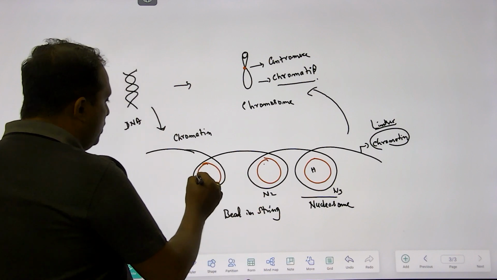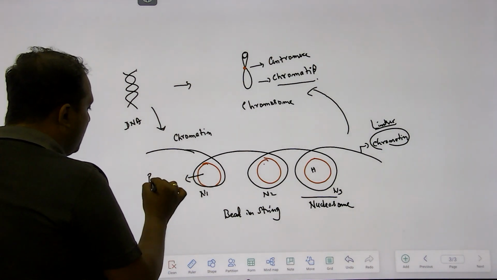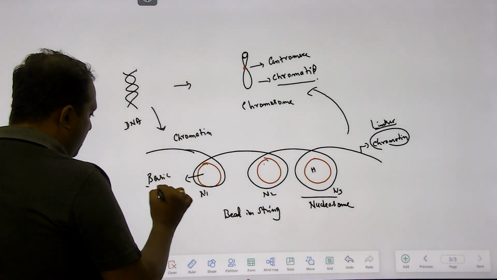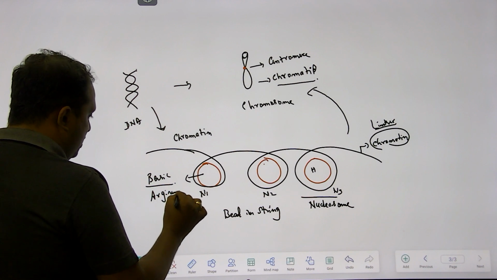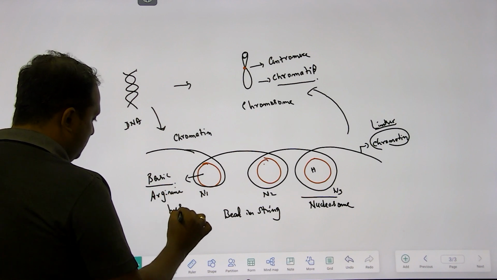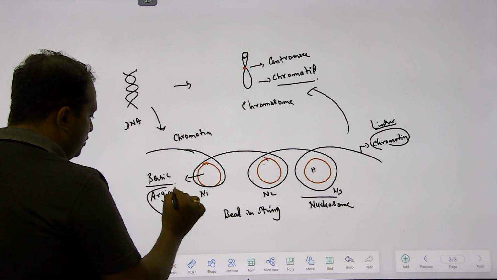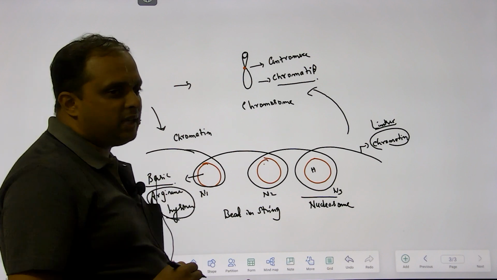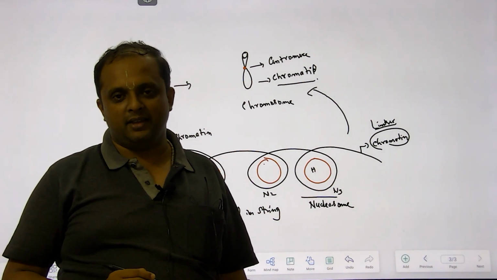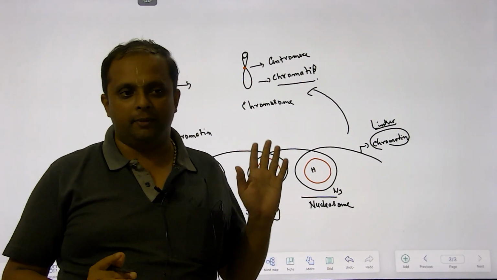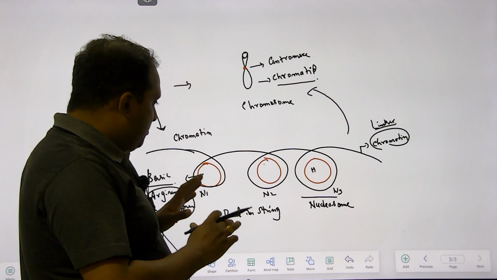So this histone is made up of some basic amino acids, okay, that is arginine and lysine. So this is going to neutralize the acidity provided by the phosphoric acid present in the nucleotide of DNA, right? So this is the basic structure.